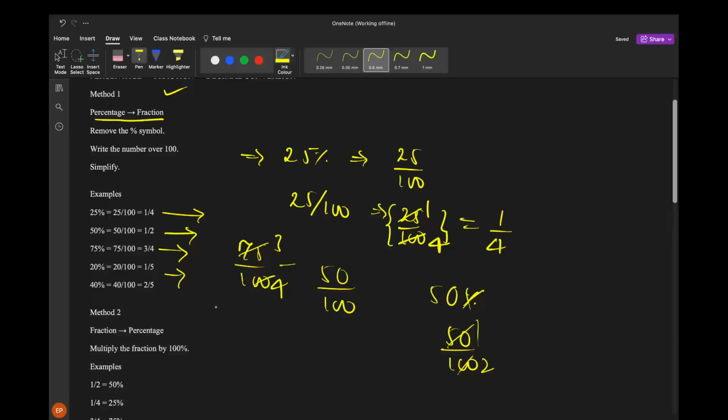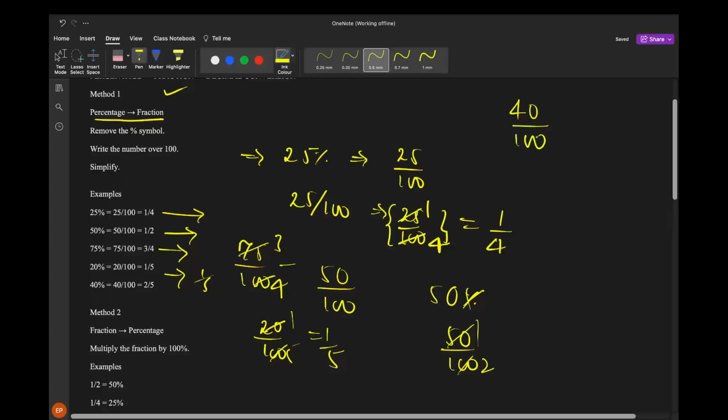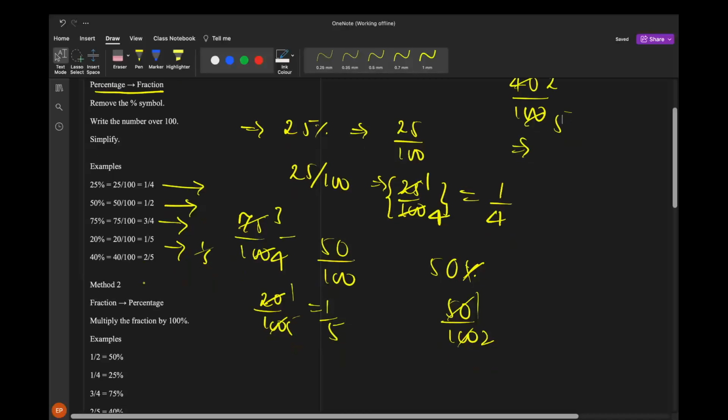Next, 20% means 20 out of 100, which gives 20 ones are 20, 5s are 100, which is 1 by 5. Then 3 by 5 is 60%. 40% means 40 per 100, which gives us 20 twos are 40, 20 fives are 100, which is 2 by 5.